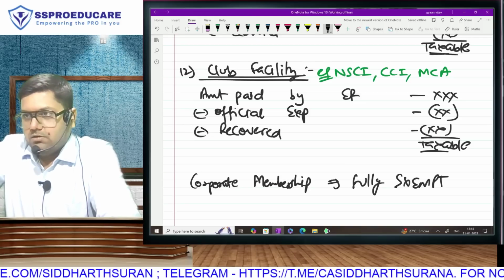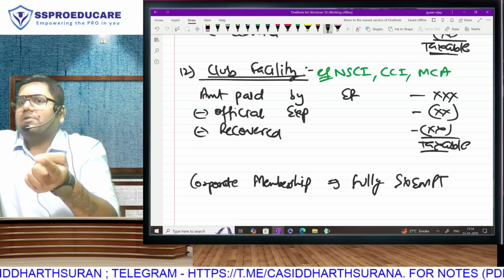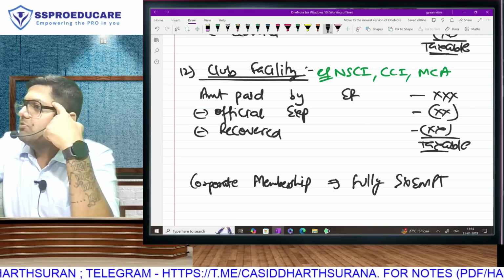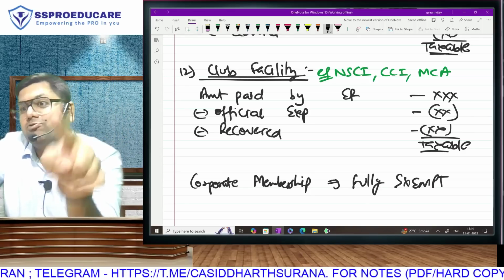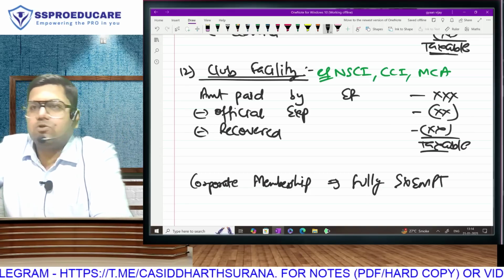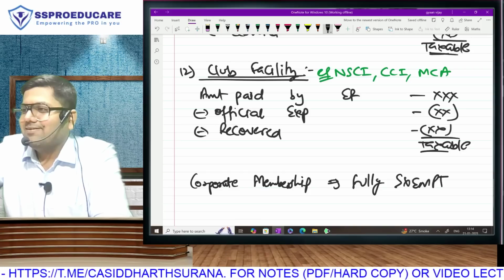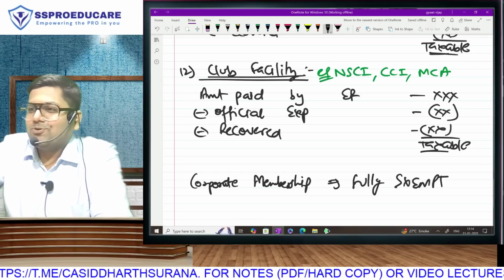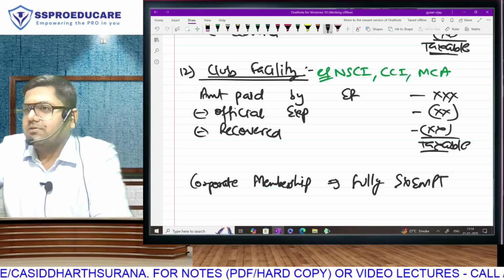Goes without saying. But the point is that when a company is taking corporate membership, the employee is not getting any benefit. Think about it. Employee will get benefit only the day when the employee goes and uses the facilities over there. And that also only as long as you remain the employee.